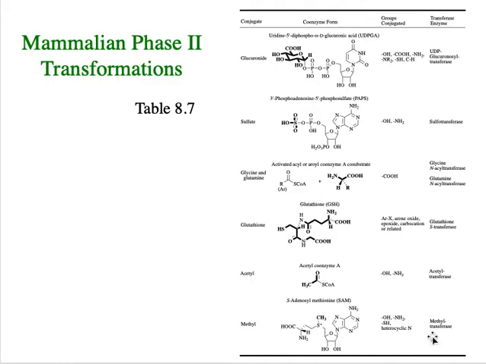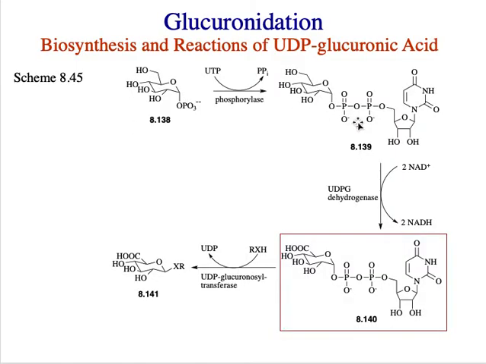So here's an example where you want to use a methyl transferase, an S-adenosyl methyl transferase, with the methyl groups being transferred. Okay, so for glucuronidation, this is the substrate for the enzyme. This is the energetic currency that gets transferred.